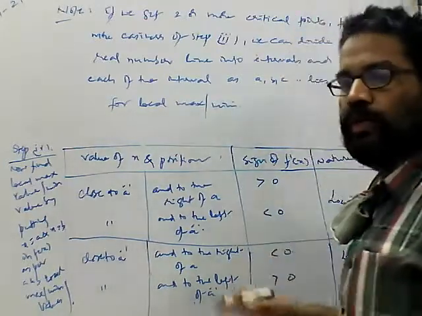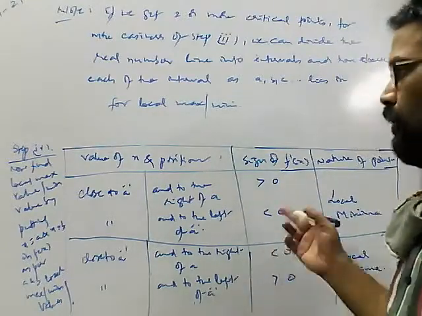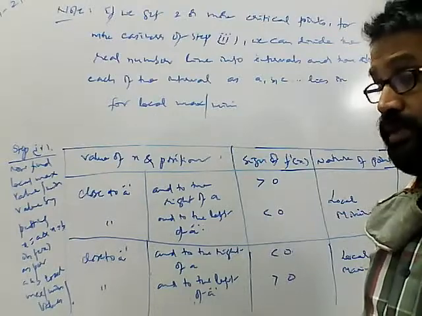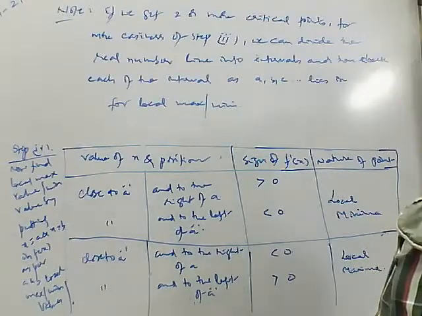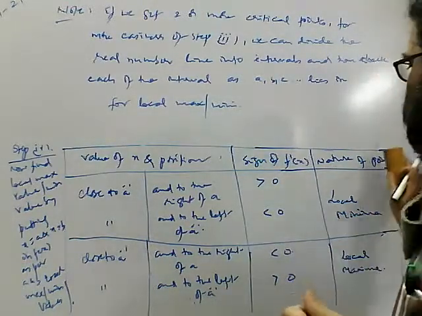If you get more than 2 points, you divide the number line and then check each interval for the case of local maxima and local minima, dividing the number line according to the values.